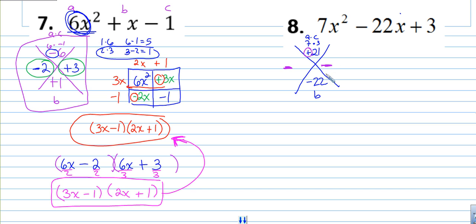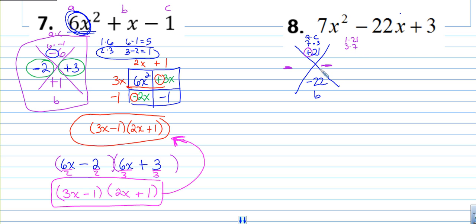Okay? So now what are the numbers that give us 21? Well, you have 1 times 21, 2 doesn't work, 3 times 7, okay? 4 doesn't work, 5 doesn't work, 6 doesn't work, and now we're back to 7.